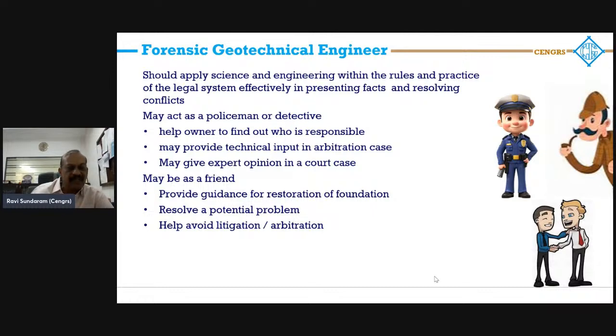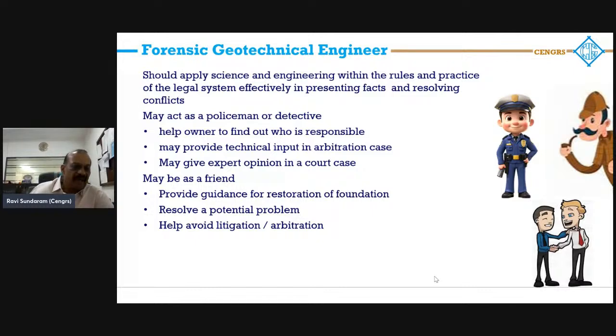So the forensic geotechnical engineer should apply science and engineering within the rules and practice of the legal system. Effectively, you have to present the facts to resolve the conflicts. Now, there may be two ways in which you are involved in the project.